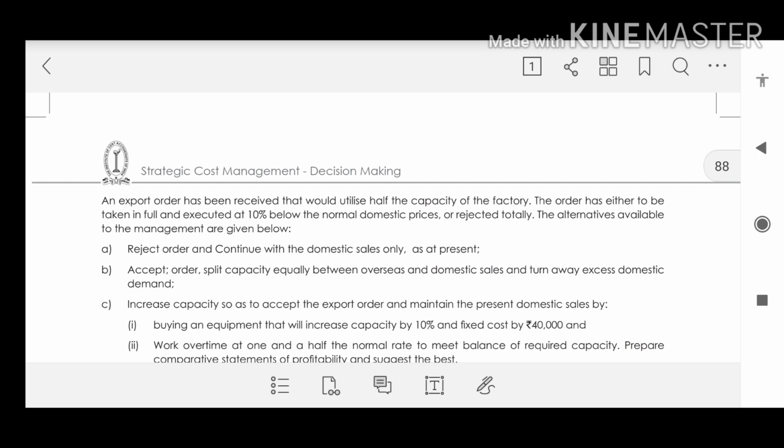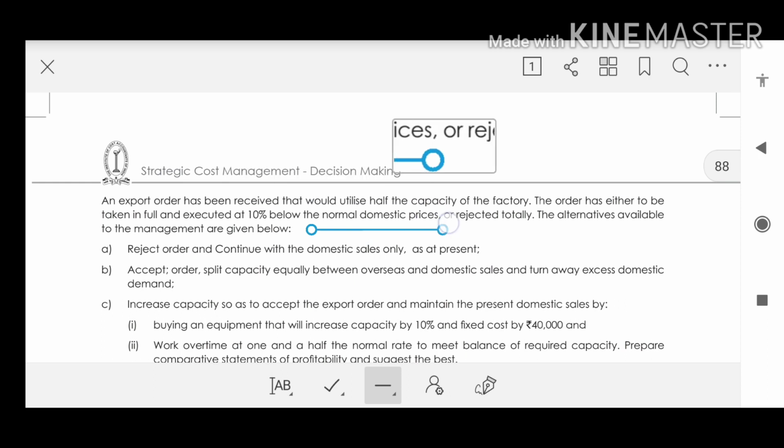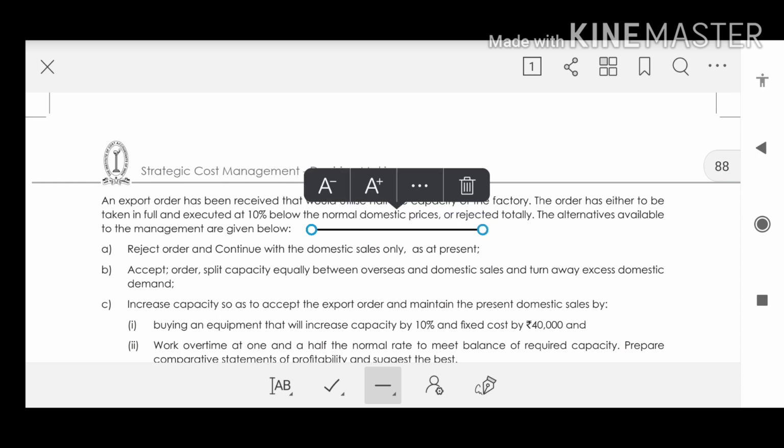They have given two options, see here. The order has to be taken in full and executed at 10% below the domestic prices.